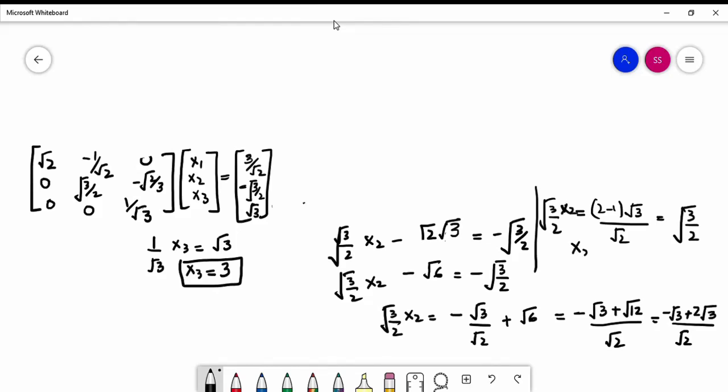So x2 is 1. If I solve it, that cancels each other.